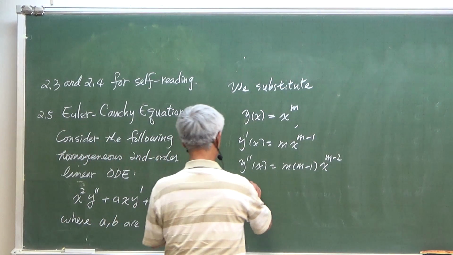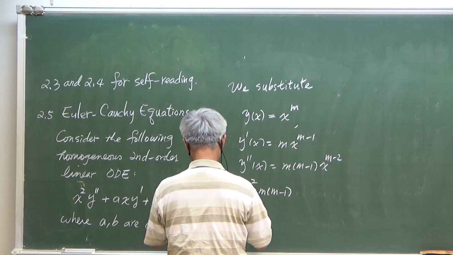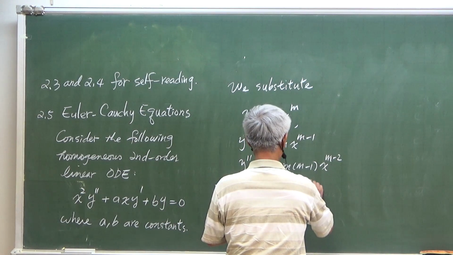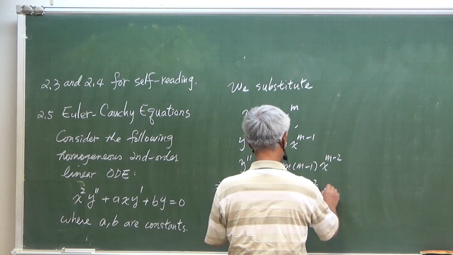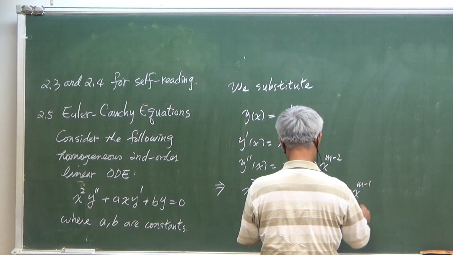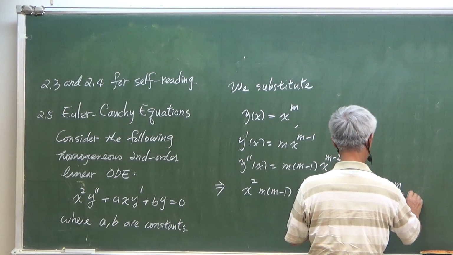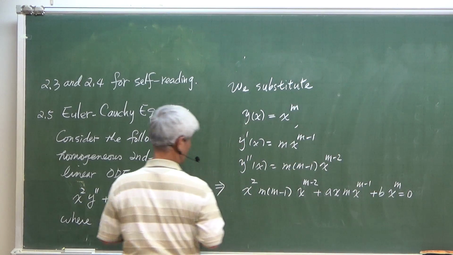We find x squared n(n-1) x^(n-2) plus a x n x^(n-1) plus b x^n equal to 0.